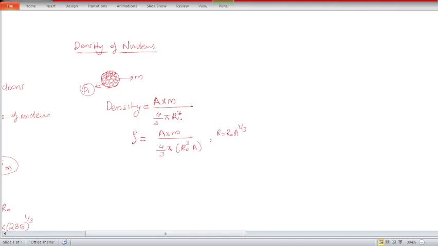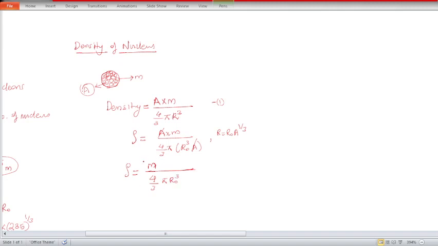Let's say this is equation number 1. If you put r equal to r0 A raised to 1 by 3 in equation 1 for r, then we'll get this expression. Now you can cancel these two A's, and you'll get nuclear density rho equal to the mass of a single neutron or proton, divided by 4 by 3 pi r0 cube.